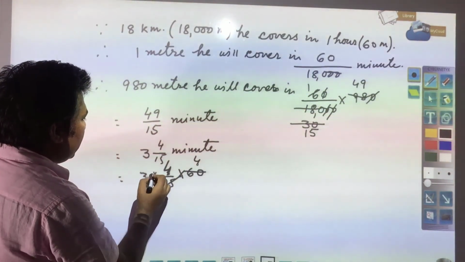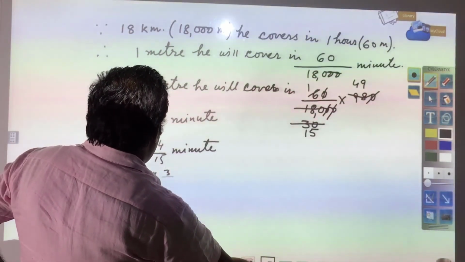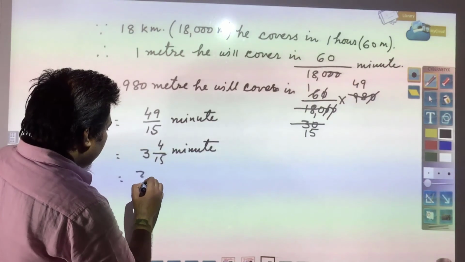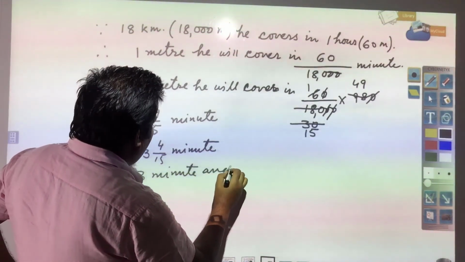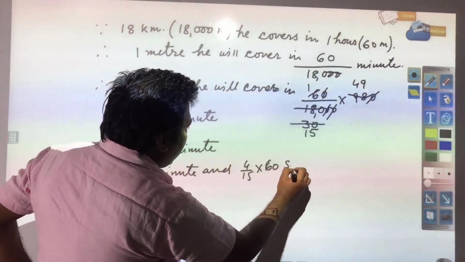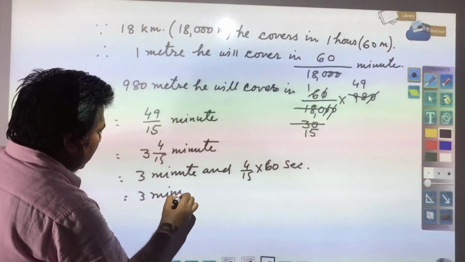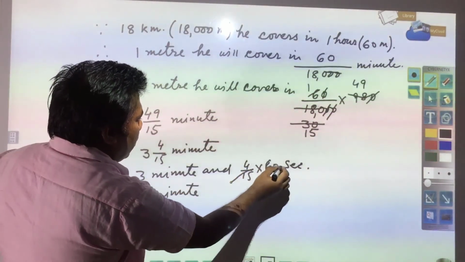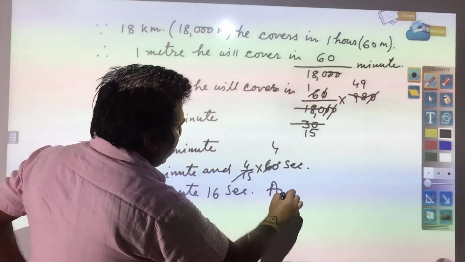So in this way you write 3 minute and 4 by 15 into 60 second, or you will get 3 minute 16 second, and this will be your answer.